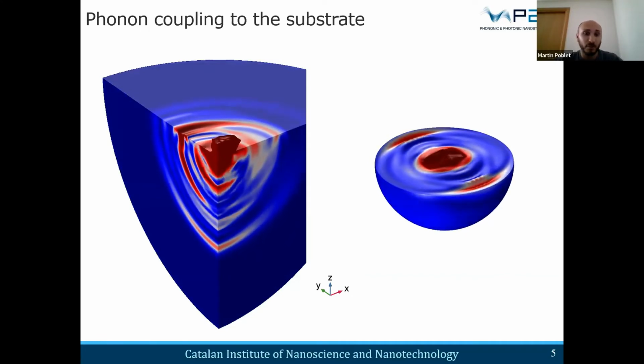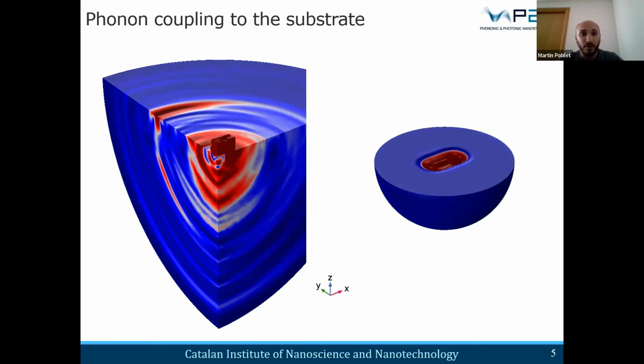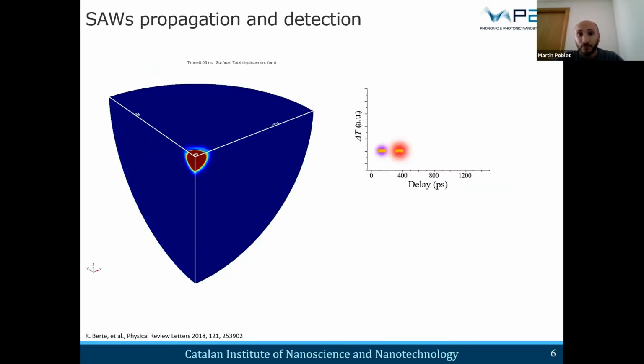These mechanical perturbations will cause changes in the absorption of the new antenna, which can be detected also with a probe pulse.